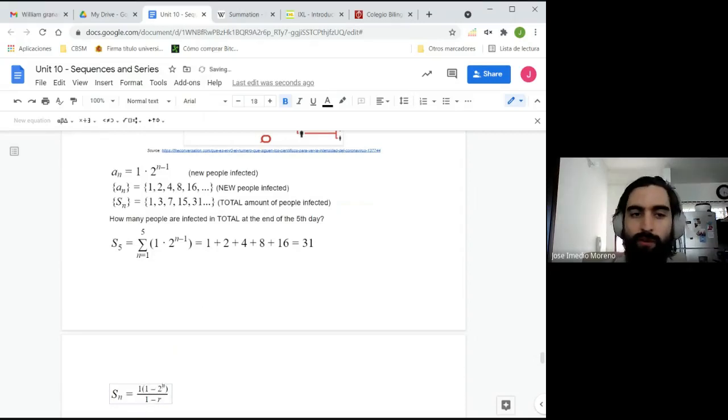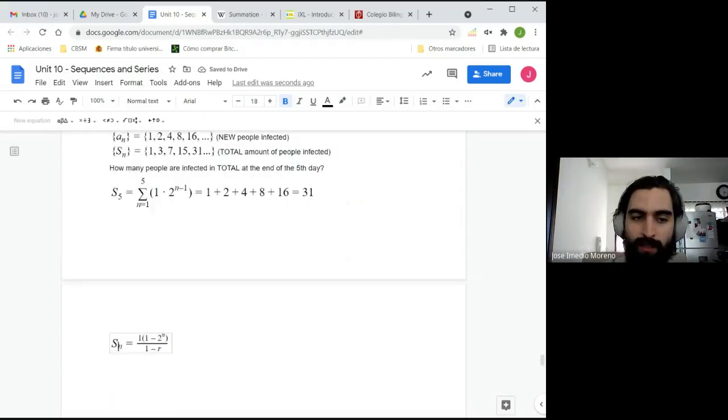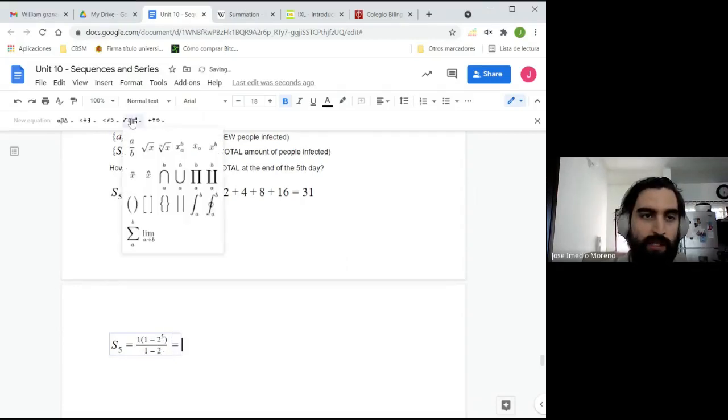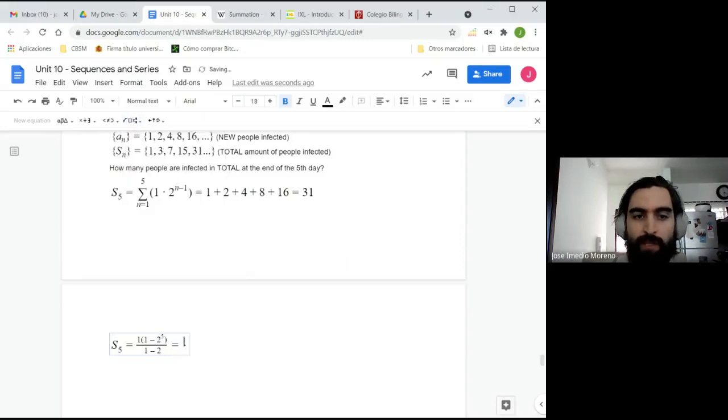Raised to the power of n, what is n? Okay, I'm finding S sub 5. So n equals 5. Easy. And down here, 1 minus the ratio, and the ratio is 2. Okay, very easy. Then this one is not doing anything, so we can just get rid of it.